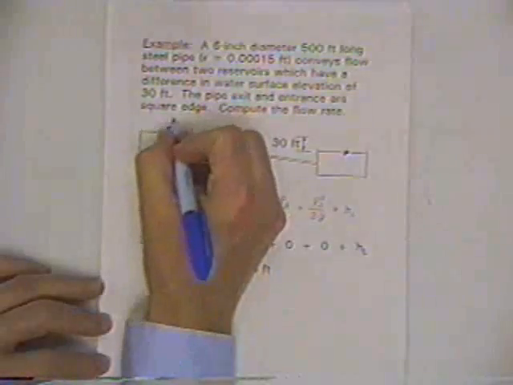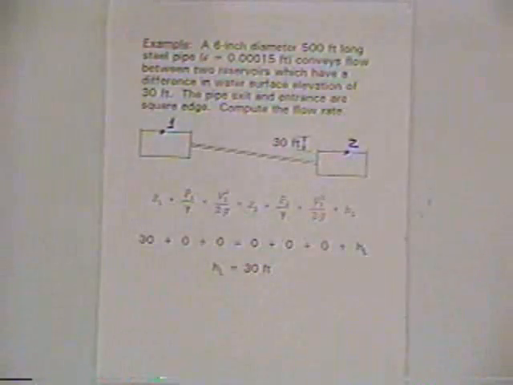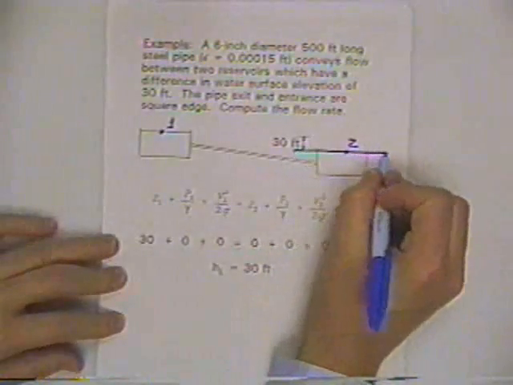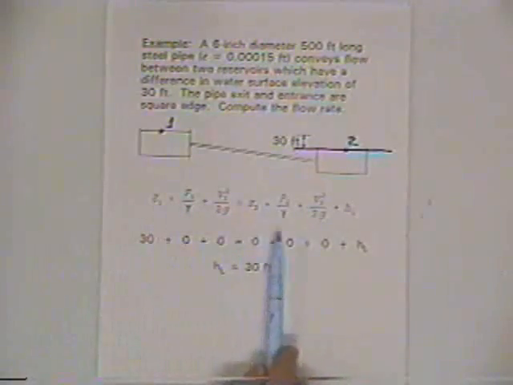So we'll call this point 1, and we'll call this point 2. We can define the datum wherever we like, so for convenience, say this is the horizontal datum, the water surface at the downstream reservoir. And so we write the energy equation between those two points. We've seen it several times already in this session, and here it is reproduced again.